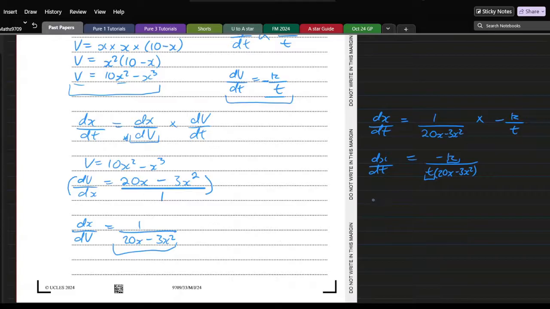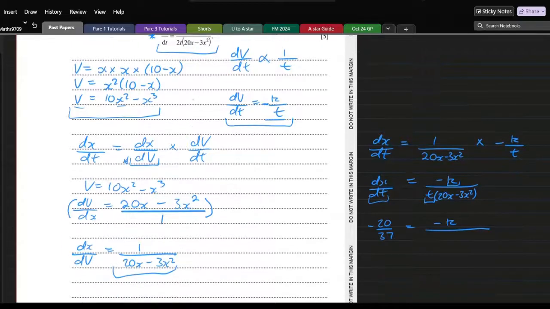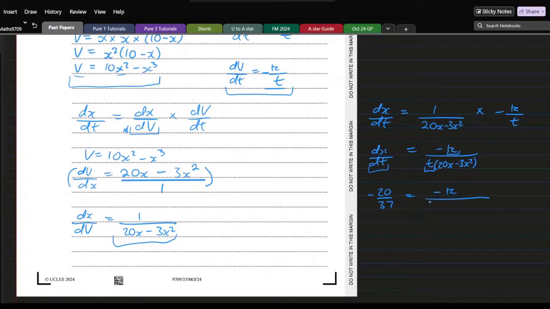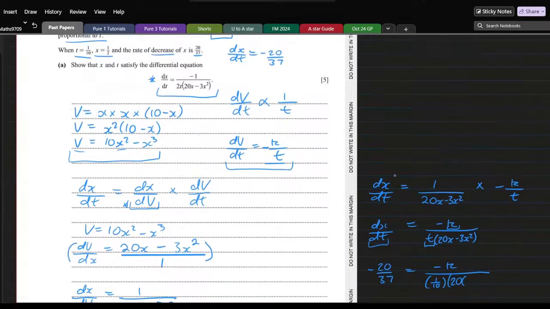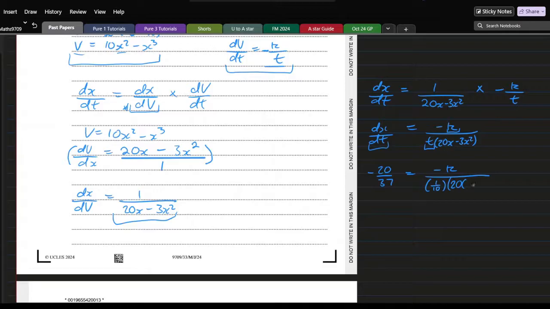So that's negative 20 over 37, that's our dx dt, and this is equal to negative k, and this is being divided by t. T is 1 over 10, so 1 over 10 multiplied by 20 times x. X is 1 over 2, so 1 over 2 minus 3 times 1 over 2 squared.